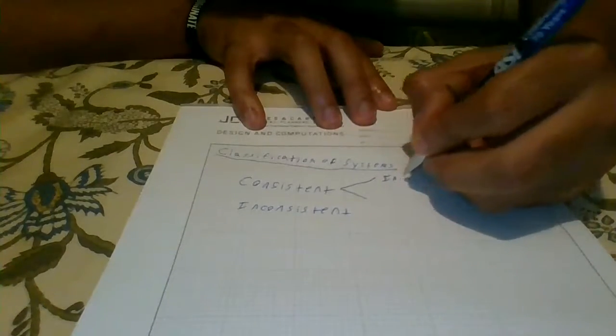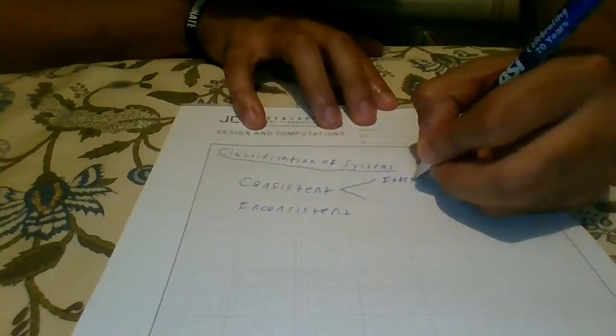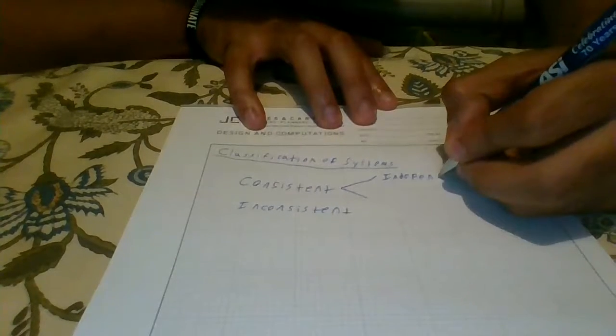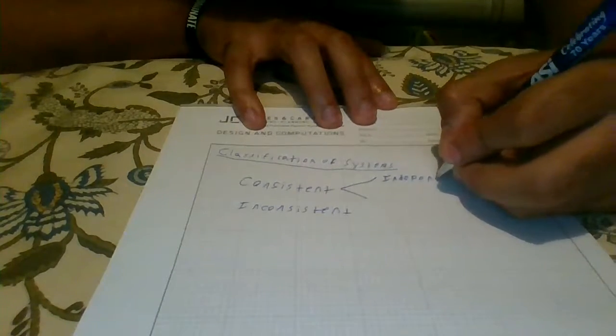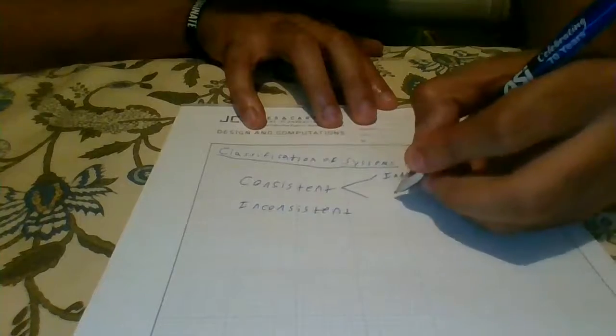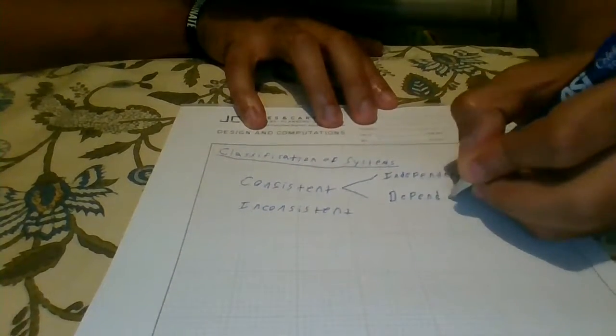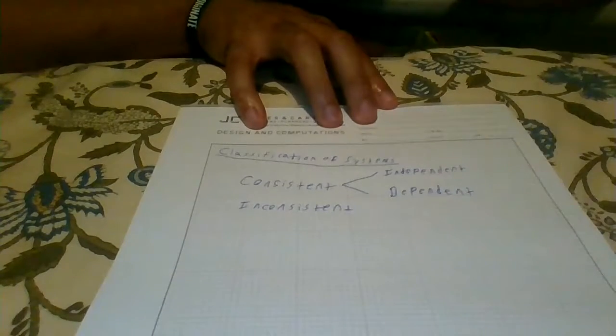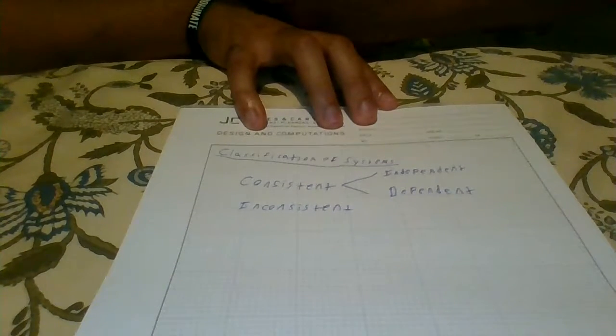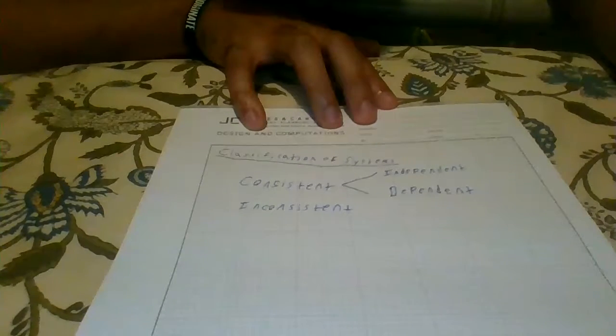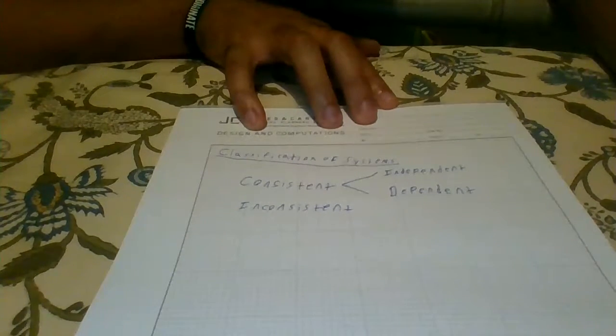It is either independent or it is dependent. And then within independent and dependent, it tells you the solutions you can have. So if it's independent, then what do you think independent means?